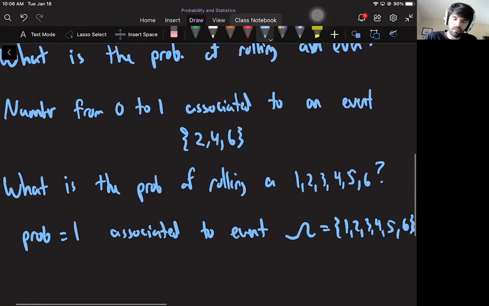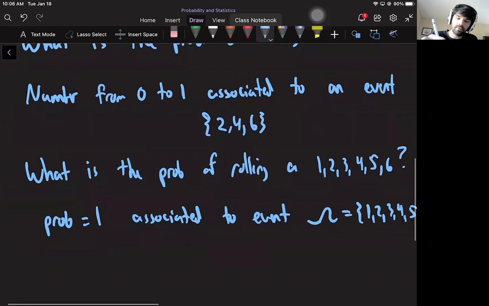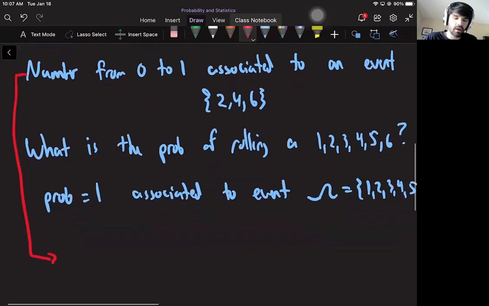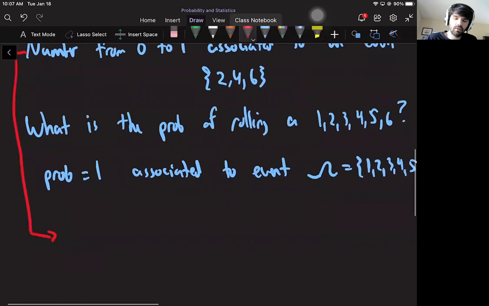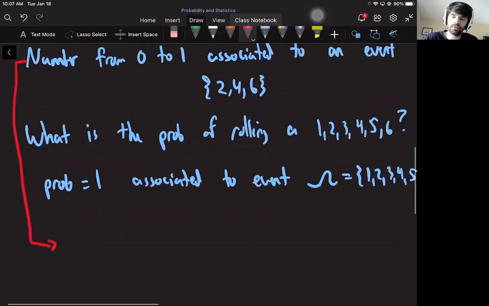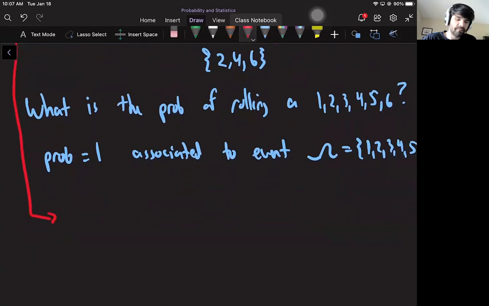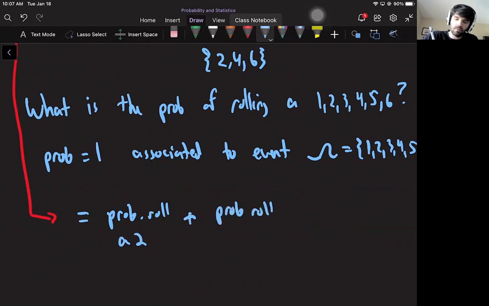And then one more thing that I accidentally skipped about this other example, so let me squeeze it in here now, is that the number associated to rolling an even, aka the event 2, 4, 6, you should be able to think about it as the probability that you roll a 2 plus the probability that you roll a 4 plus the probability that you roll a 6.